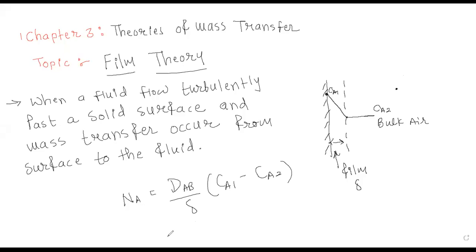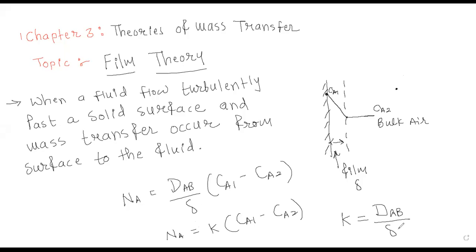Comparing this with Na equal to mass transfer coefficient K multiplied by Ca1 minus Ca2, we can say that K is equal to DAB divided by the film thickness.